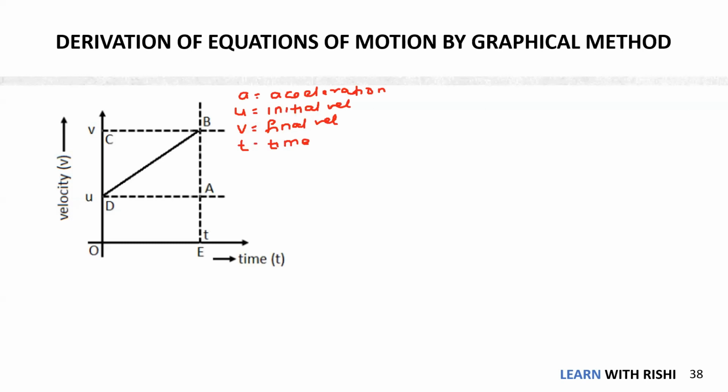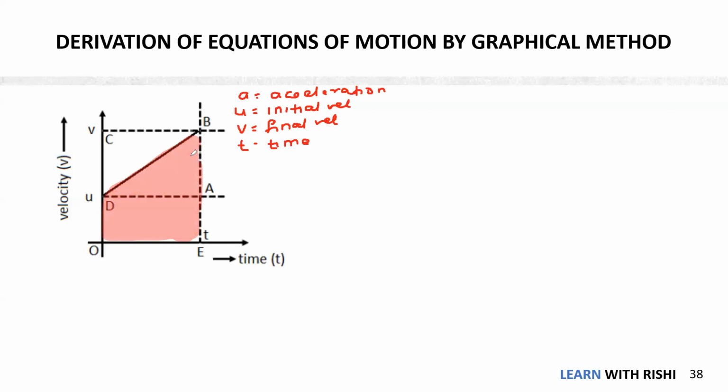So here, what is the area under the graph? The region which I am shading with red color is the area under the graph. So we need to find this area in order to find the displacement of the object. So let us find the area of this graph.